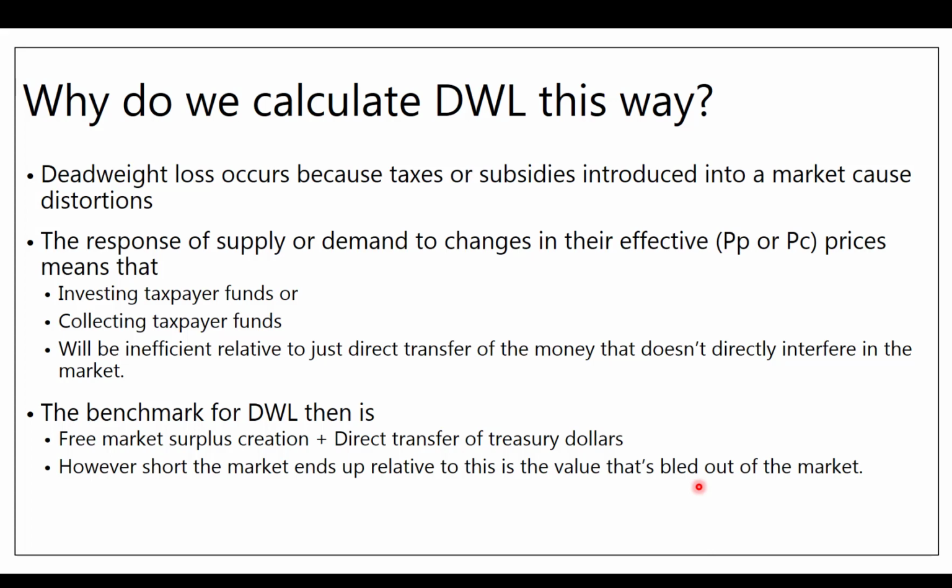When you put a gap in there, a subsidy gap or a tax gap, they are no longer able to make transactions all the way until all the willingness to pay and willingness to accept is exhausted. And so you end up with that gap, sometimes called the deadweight loss triangle. But either way, it is there, and it's loss that we keep track of.